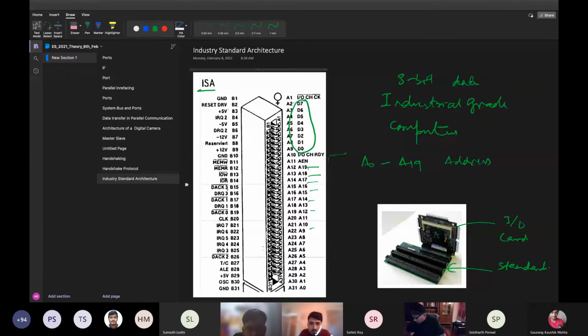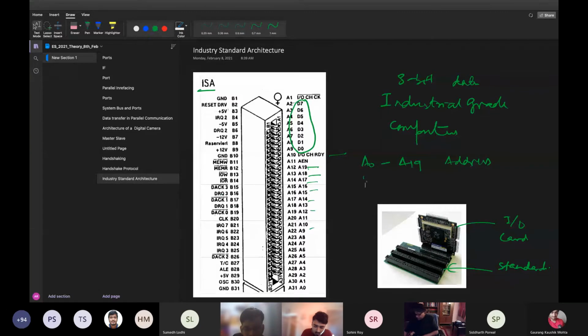You can see there are IRQs: IRQ 3, IRQ 4, 5, 6, 7. These are called interrupt requests. The term IRQ stands for interrupt request. Remember this. And DRQ stands for DMA request.